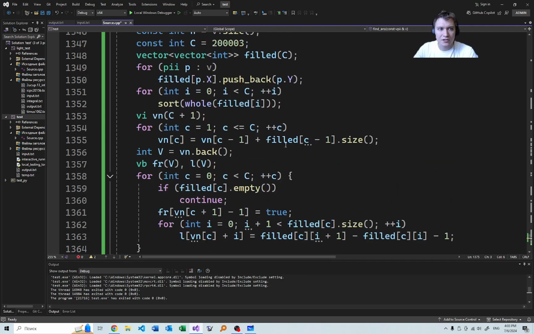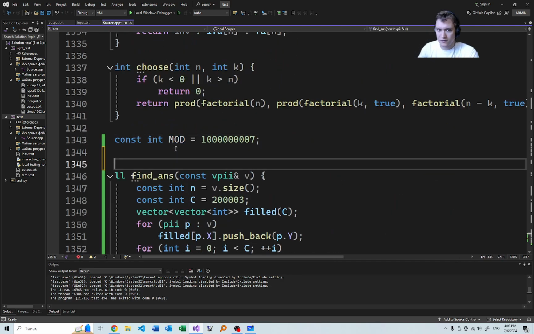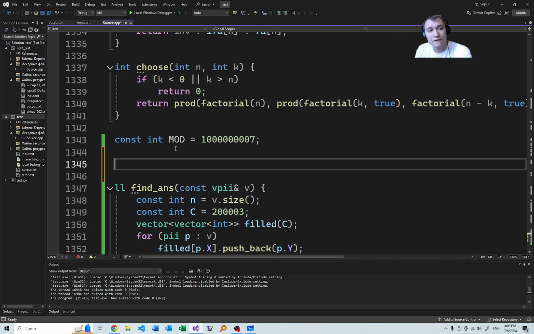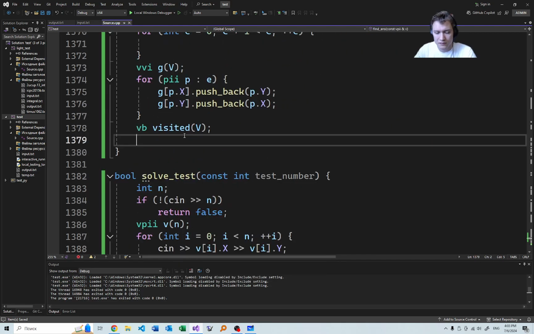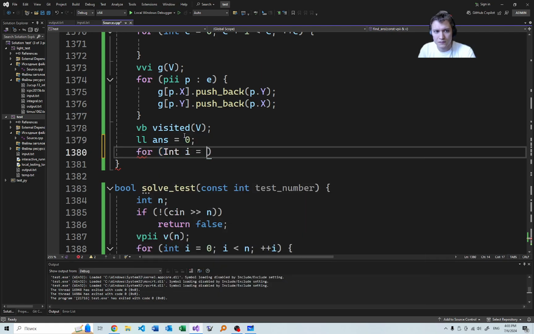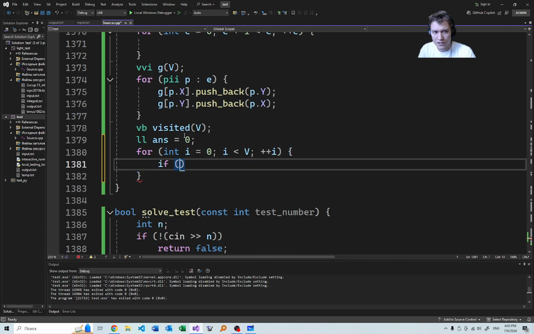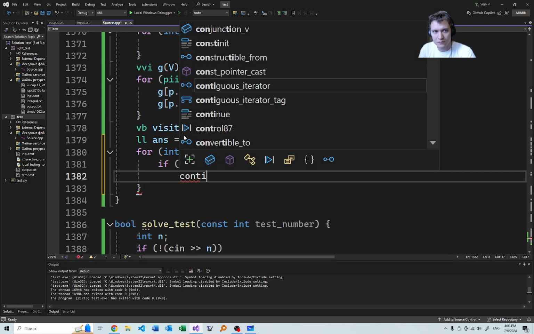And I will have my function DFS, which returns, in this connected component, how many unfree vertices there are. So if already visited i, then continue.